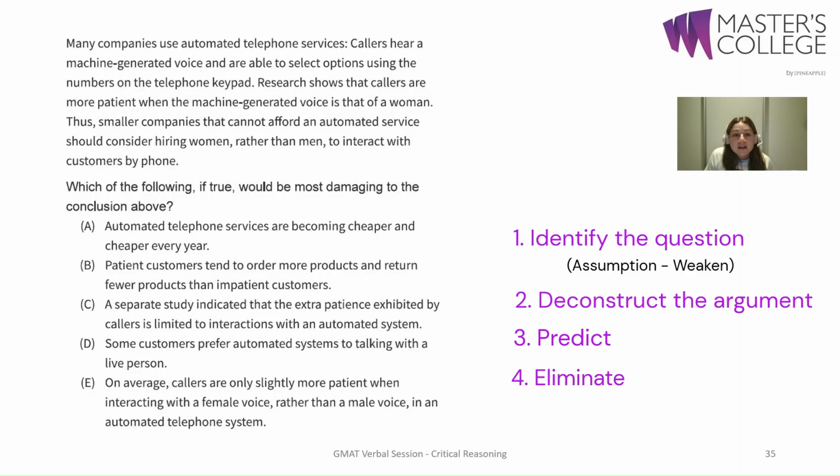But of course, it's negative because we need to damage that. So, what we're saying is actually, people are not showing patience when talking to a woman, but rather this is limited to the automated system.